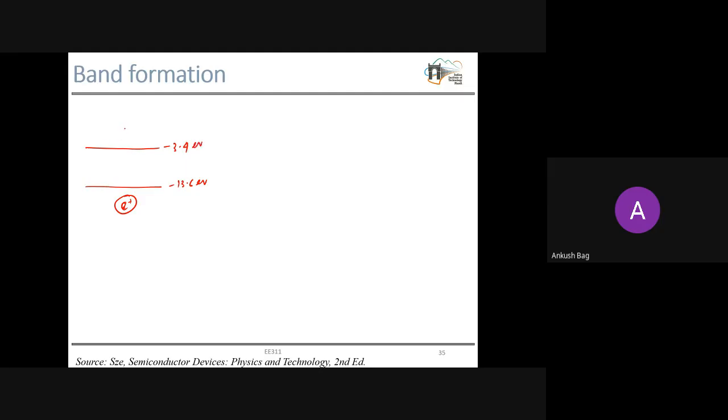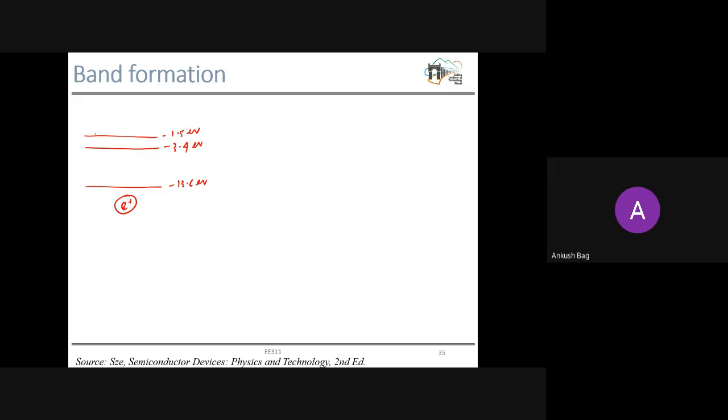Then for the next energy level we divide 13.6 by 3 squared, that means 9, which is around 1.5. So these are the energy levels for your electrons.